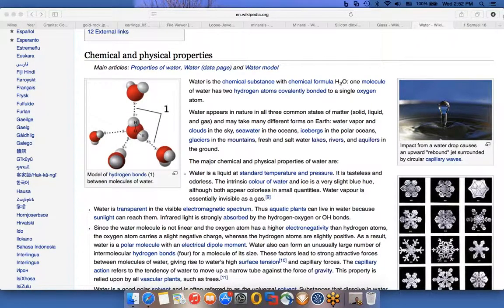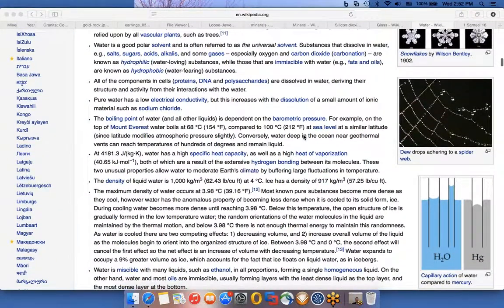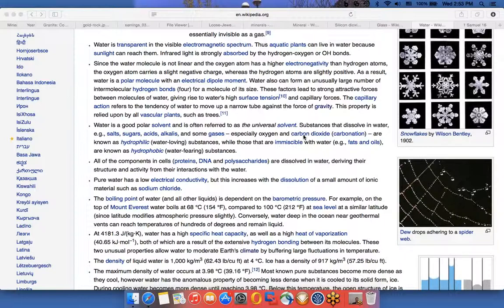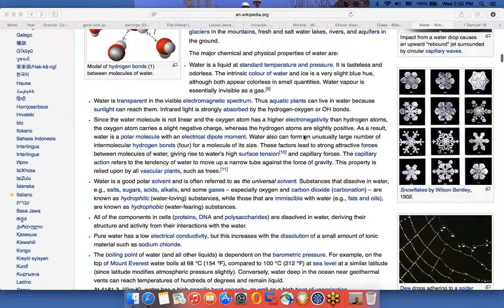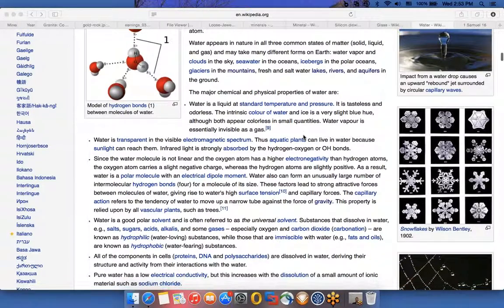It's a great blessing that ice floats, because imagine if ice didn't float, it would go and bury all the fishes. So fishes and life survive the winter because they are protected by the ice that is floating. Very, very interesting.